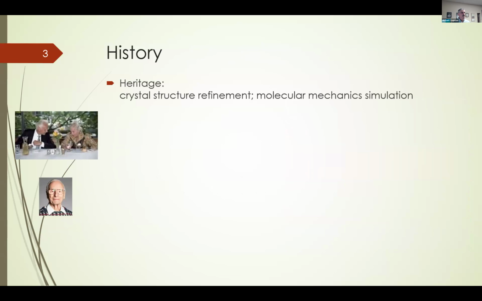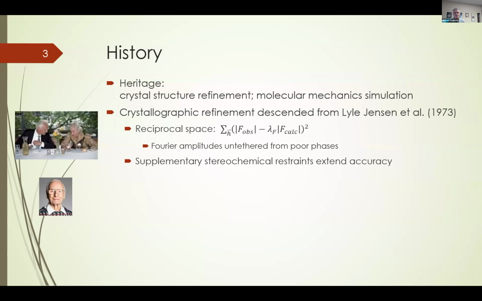structure refinement in electron microscopy has a heritage that descends from crystallographic refinement and also from molecular mechanics simulation.